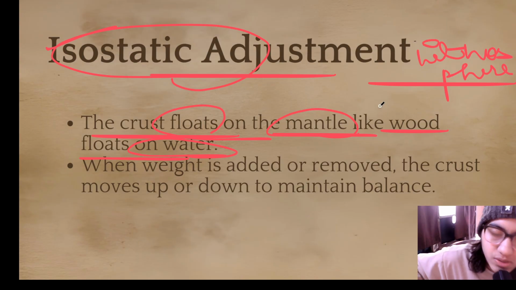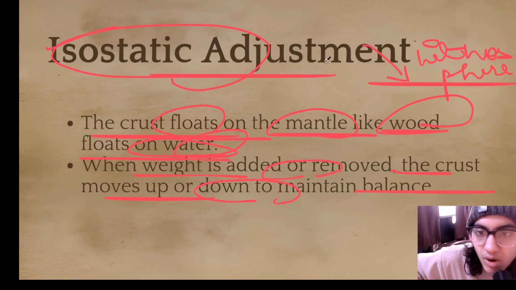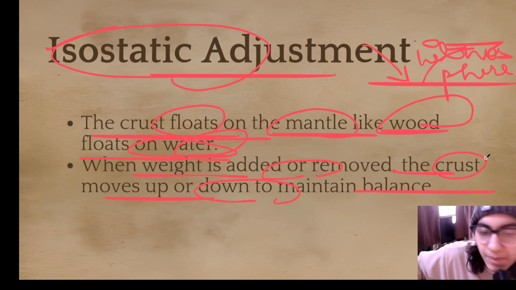It's liquid, it's soft, just like wood floats on water. When weight is added or removed, the crust moves up or down to maintain balance.